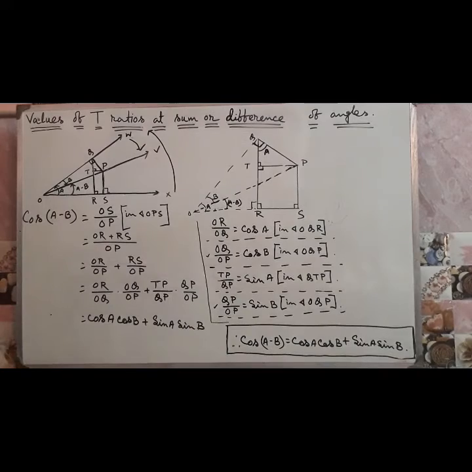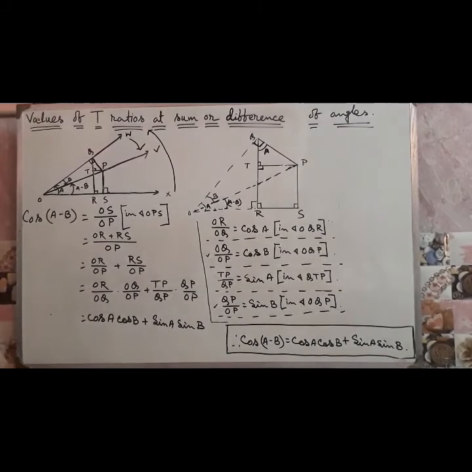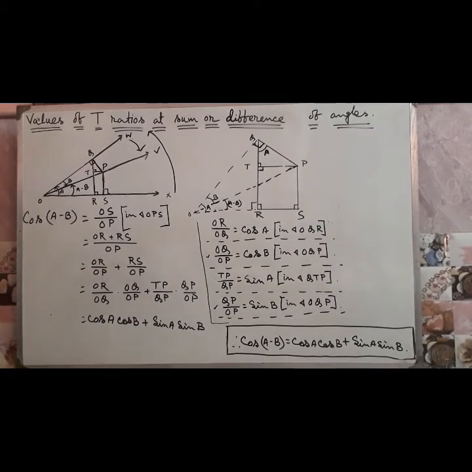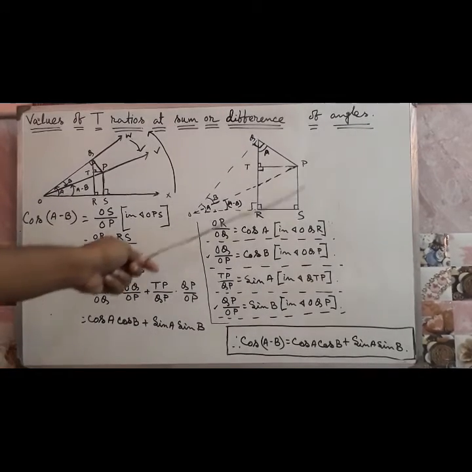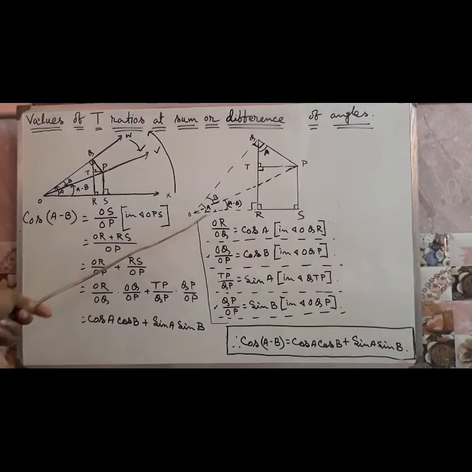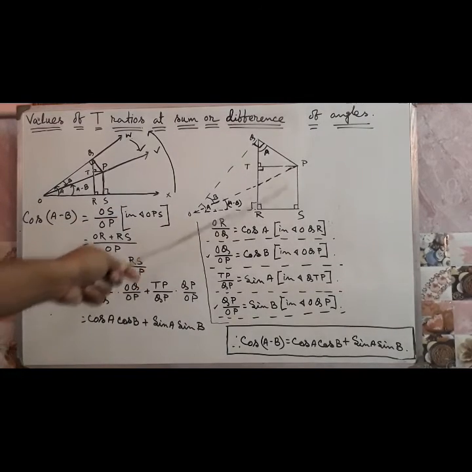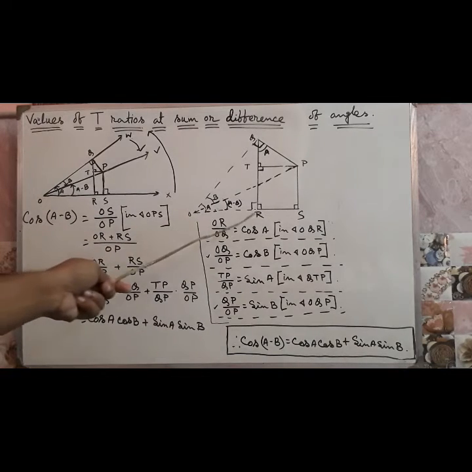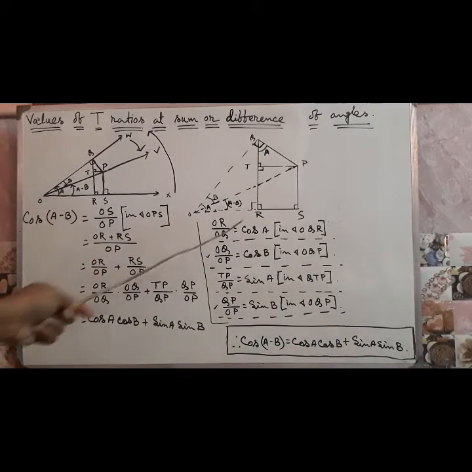We shall discuss cos A minus B. In this triangle OPS, cos A minus B, that is base by hypotenuse, that is OS by OP. OS can be written as OR plus RS. This RS is equal to TP.